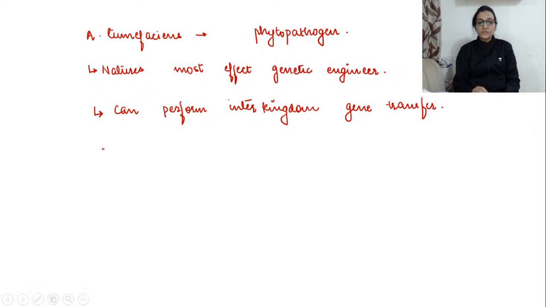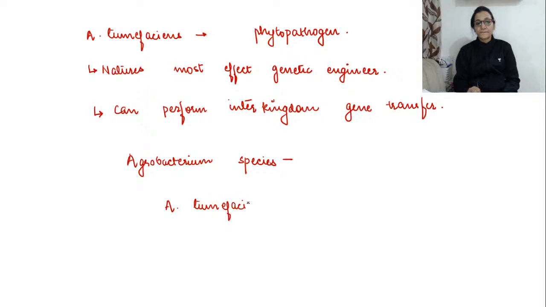Now, there are two species of Agrobacterium. First is Agrobacterium tumefaciens, and second is Agrobacterium rhizogenes.